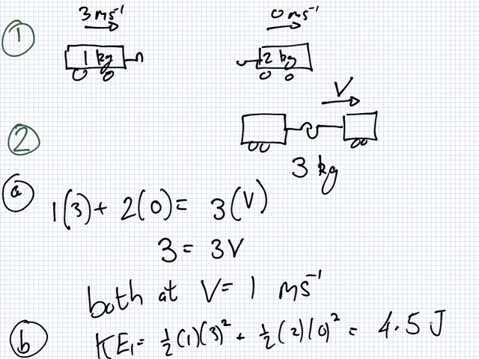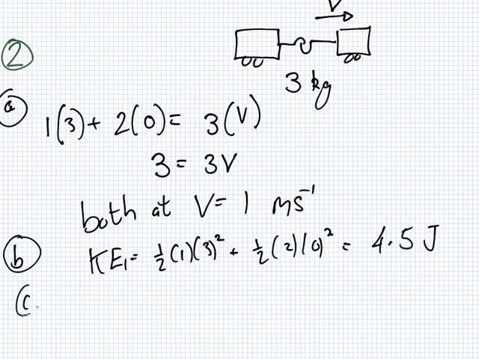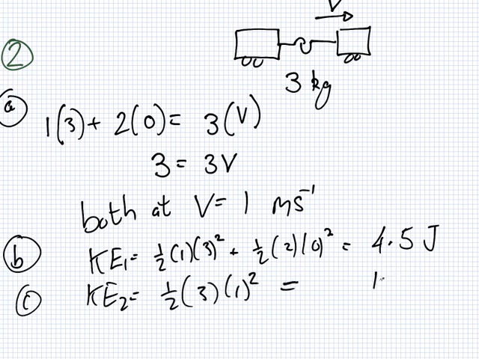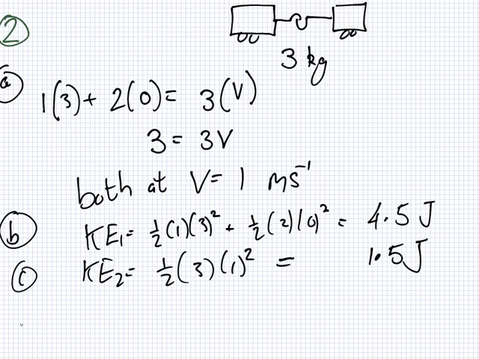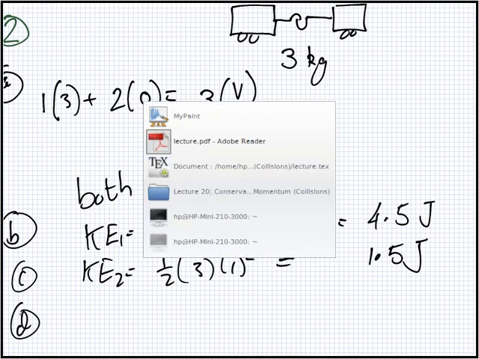If I ask you the kinetic energy before the collision, the next thing I might ask is after the collision. Kinetic energy after the collision is a half mv squared, which in this case is 1.5 joules.